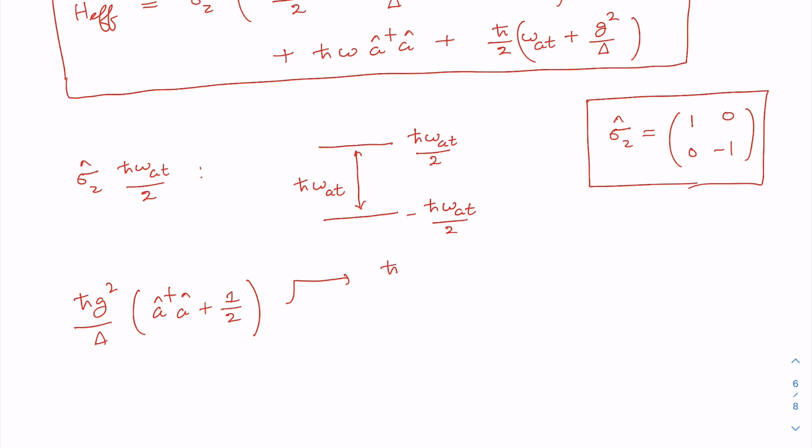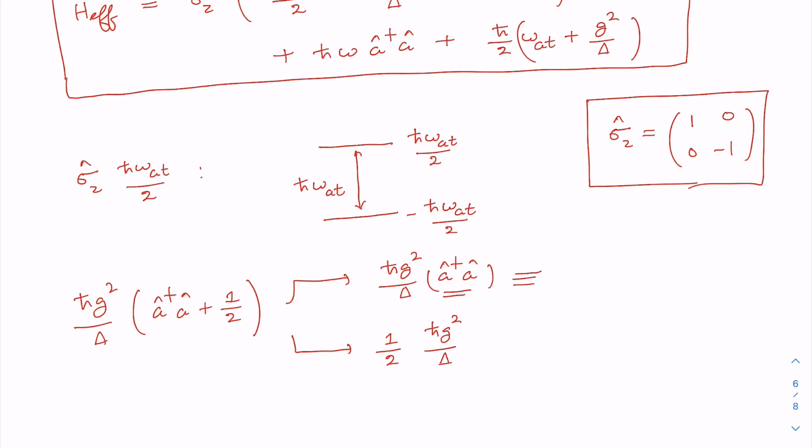One is h cross z square by delta a dagger a, where a dagger a is the number of photons, and the other one is due to the zero-point fluctuation, that is half h cross z square by delta.